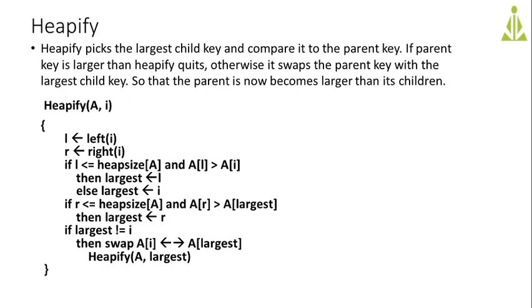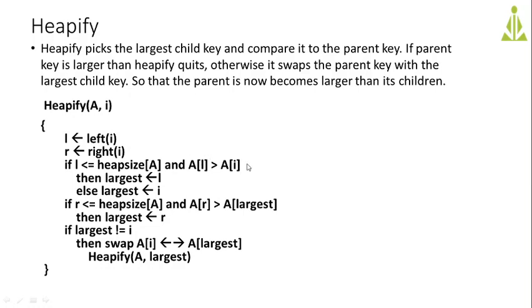So in Heapify(A, i), l is left of i and r is right of i. If l is less than or equal to heap size of A and A[l] is greater than A[i], we are checking this condition.